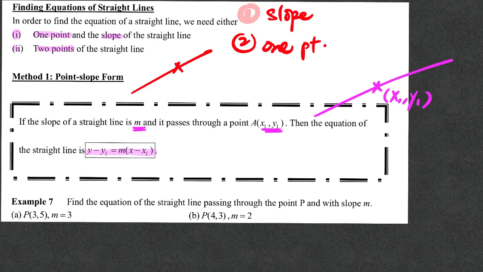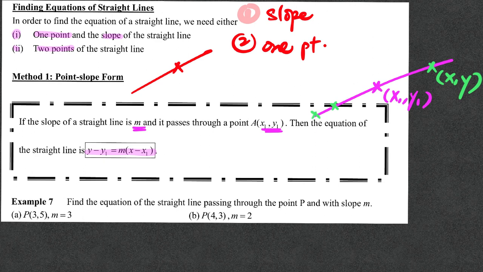Next, you can imagine there is a certain point which is also on the straight line. This point is moving everywhere along the purple line, so that's why I make use of the variables x, y to represent it. It may be on the right of x1, y1, or it may be on the left, or very far left of x1, y1 as well.